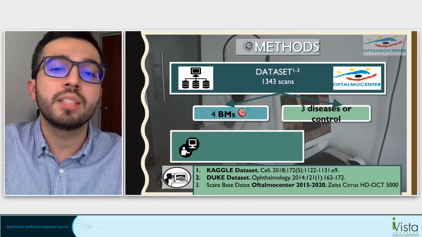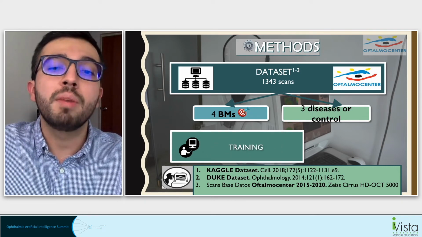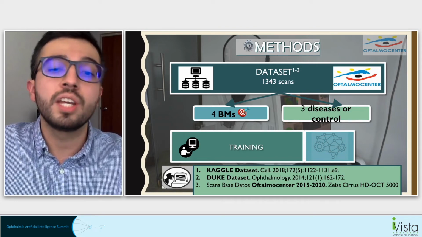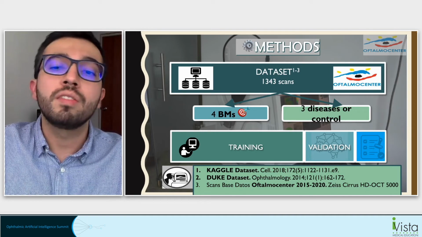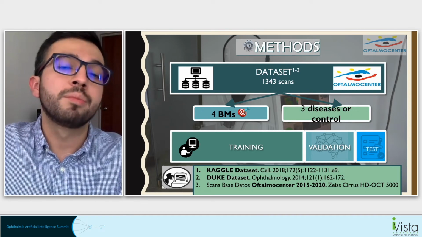These images were split into the training, validation, and test sets, including 70, 20, and 10% of the images, respectively.